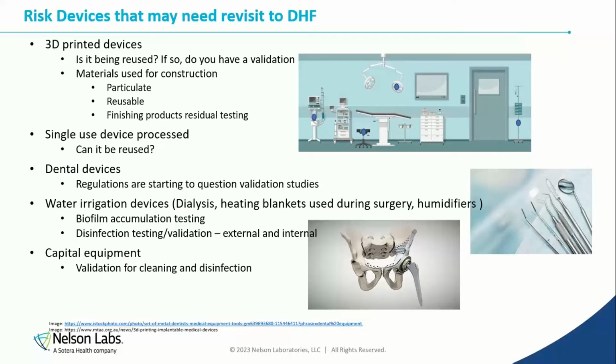You also want to make sure that when we're cleaning, say if we do sonication, it doesn't create particulates and doesn't break down. We see that very often. So use methods that are appropriate for that 3D implant.